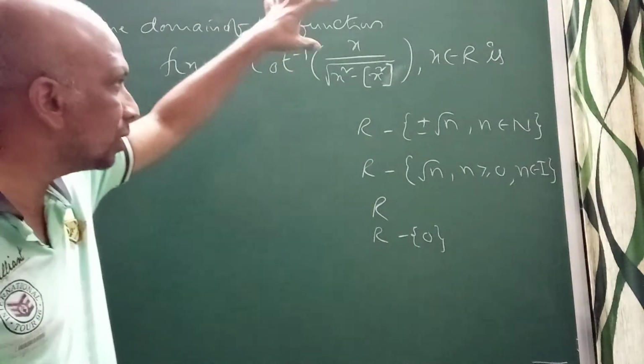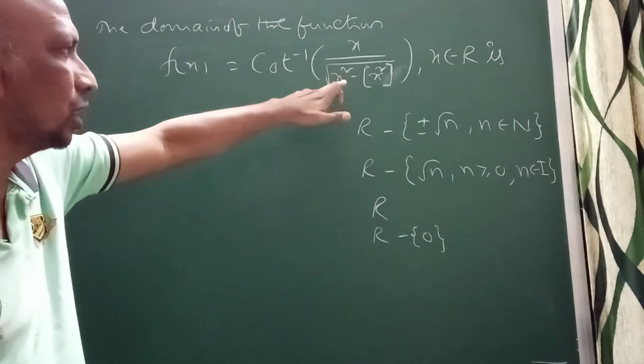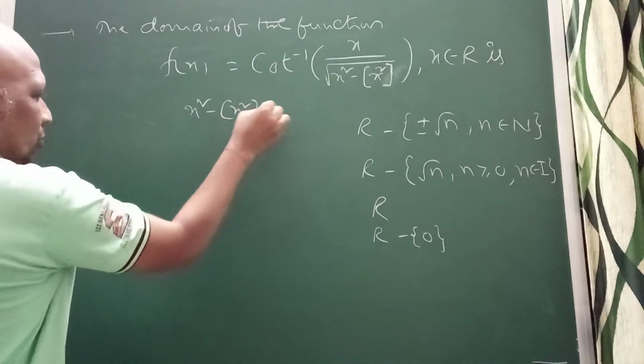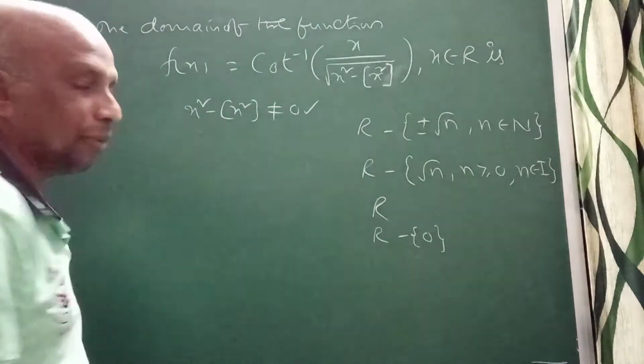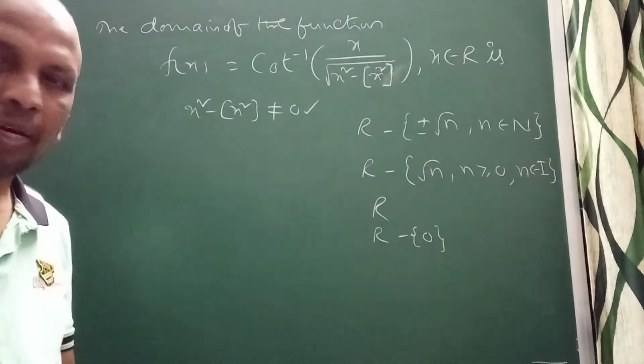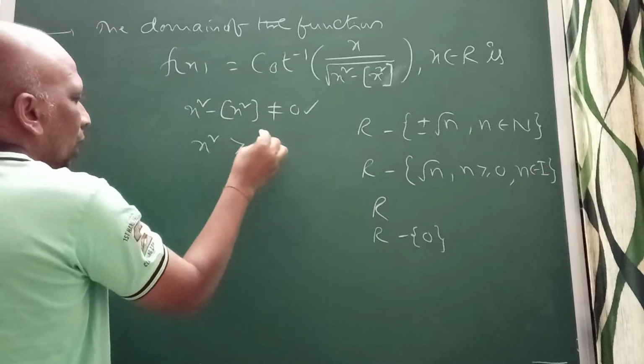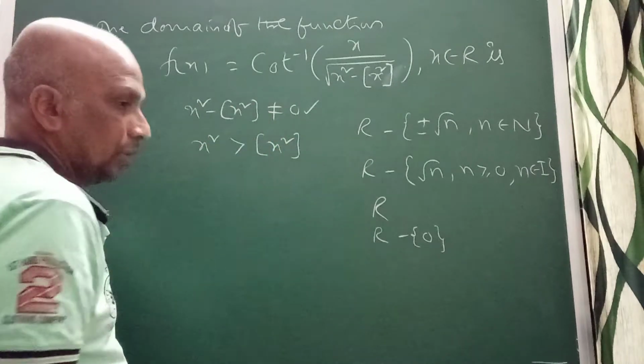Now to define this function, the denominator inside this, x square minus step of x square, should not be equal to 0, right? The value should not be equal to 0. And also here we can decide that x square should be greater than step of x square, right?